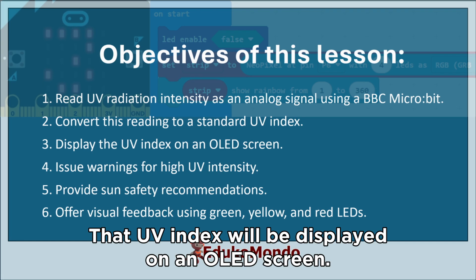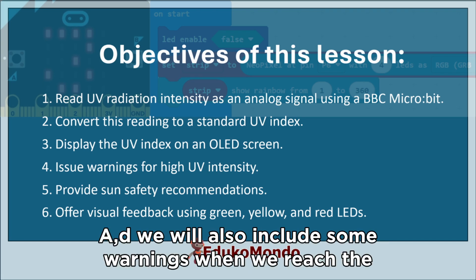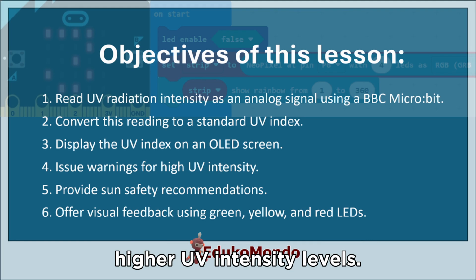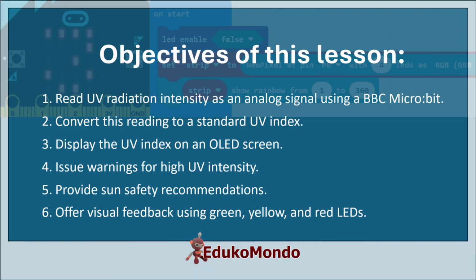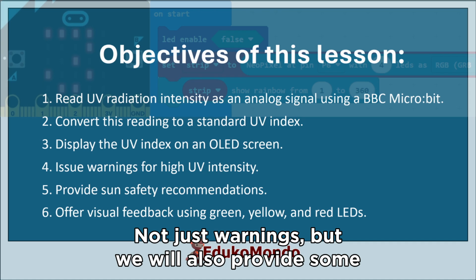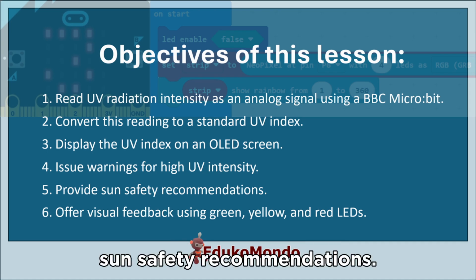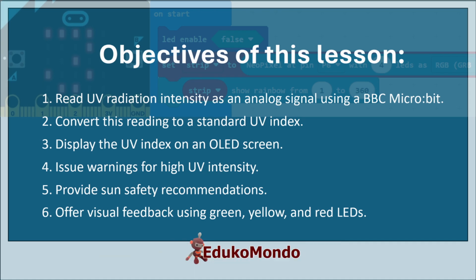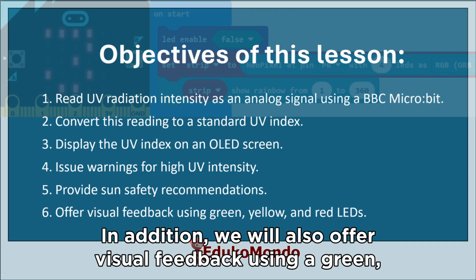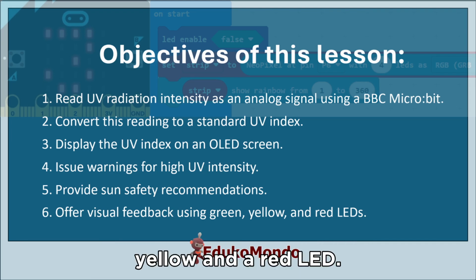That UV index will be displayed on an OLED screen, but we will also include some warnings when we reach the higher UV intensity levels. Not just warnings, but we will also provide some sun safety recommendations. And in addition, we will also offer visual feedback using a green, yellow, and a red LED.